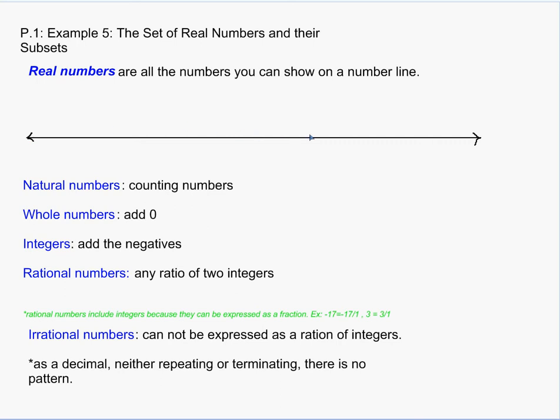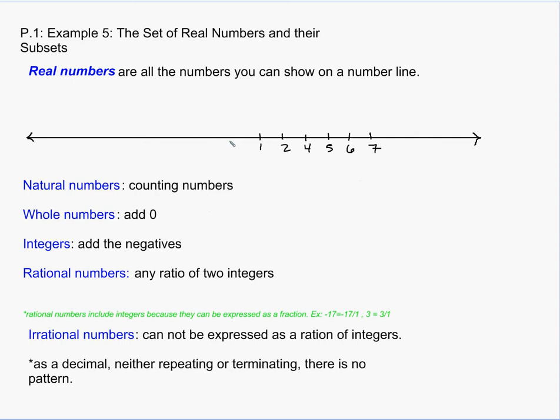So I've drawn my number line here, and the first subset of real numbers are called natural numbers. Natural numbers are your counting numbers, and they begin with 1, and they continue on down the number line. And you can see that they're also positive. So these are your natural numbers, your counting numbers.